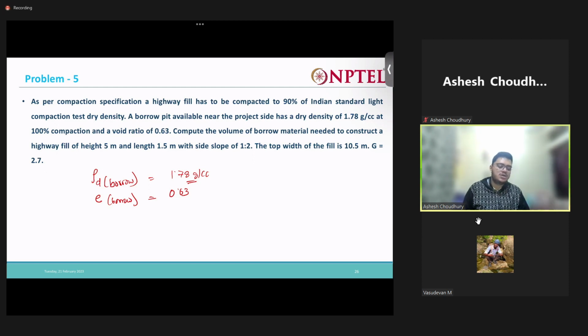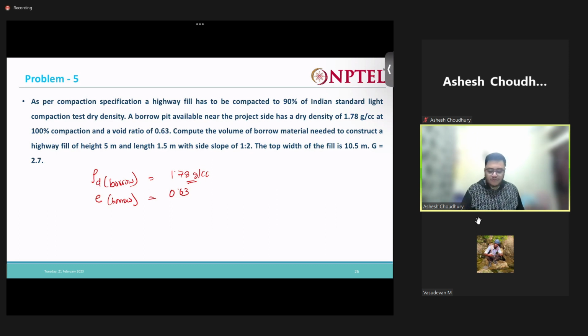From the borrow pit, we took some representative soil to the lab. In the lab, we did the Indian Standard light compaction test, and from that test we found out that the maximum dry density is 1.78 gram per cc.